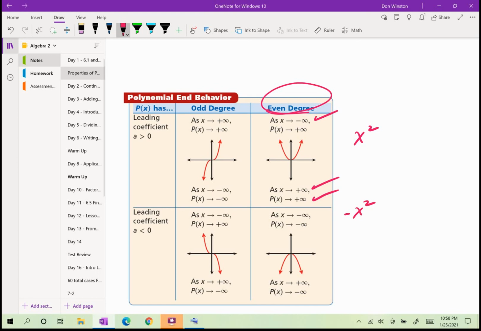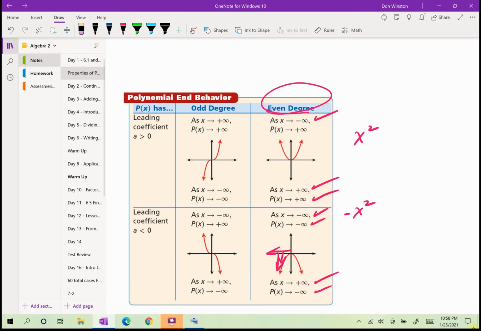I want you to notice there that as x goes to positive infinity, the y values are going to negative infinity. And then as x goes to negative infinity, the y values also go to negative infinity.